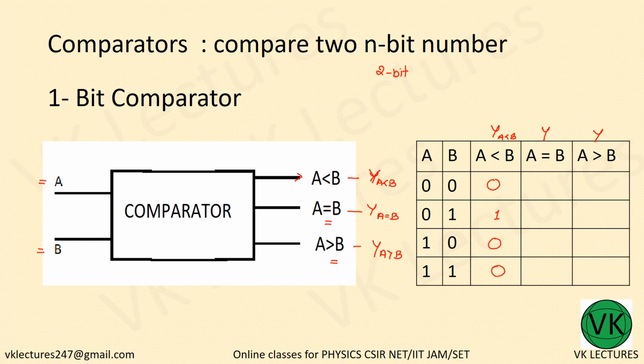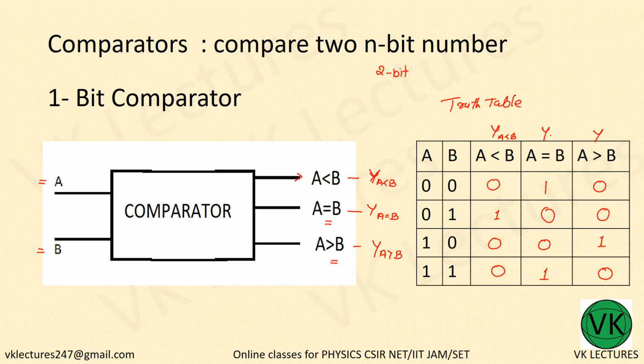Is A equal to B? Yes, A equal to B in two situations, when both are zeros and both are 1. In all other cases it is not possible. Now what about A greater than B? Yes, here it is not greater than, here also it is not greater. Yes, here A is greater than B, and in the last case A is not greater. So now you got the truth table for all Y's.